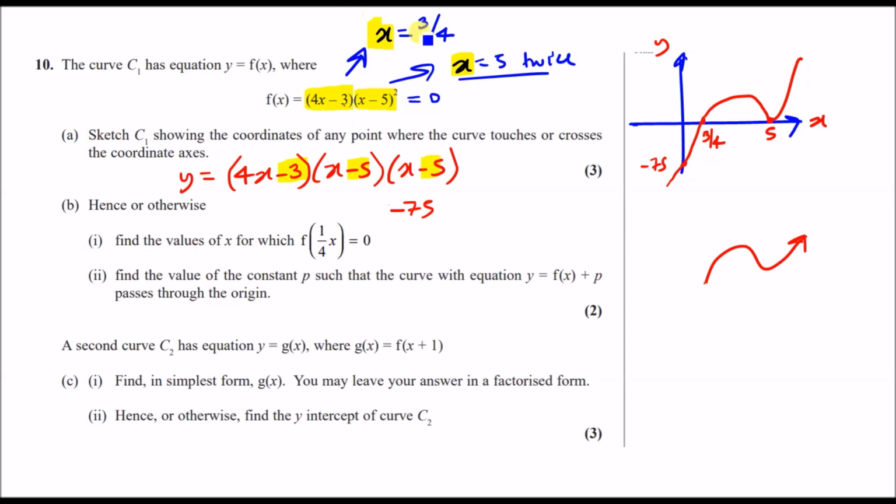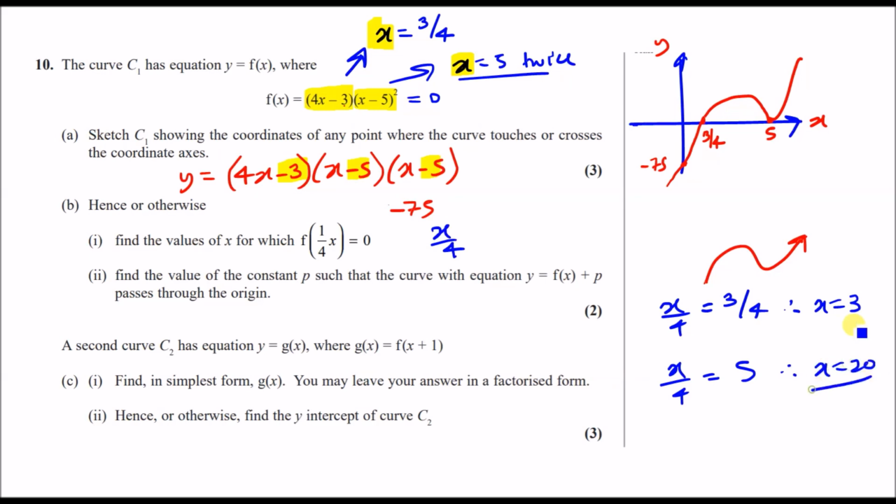So for instance, instead of x equals 3/4, we can say a quarter x. I'm going to rewrite this as x over 4. X over 4 now equals 3/4, and x over 4 now equals 5. This is straightforward. Just times 4 across, then x here would equal 3, times 4 across, and now x equals 20. I think that's just the I part done.